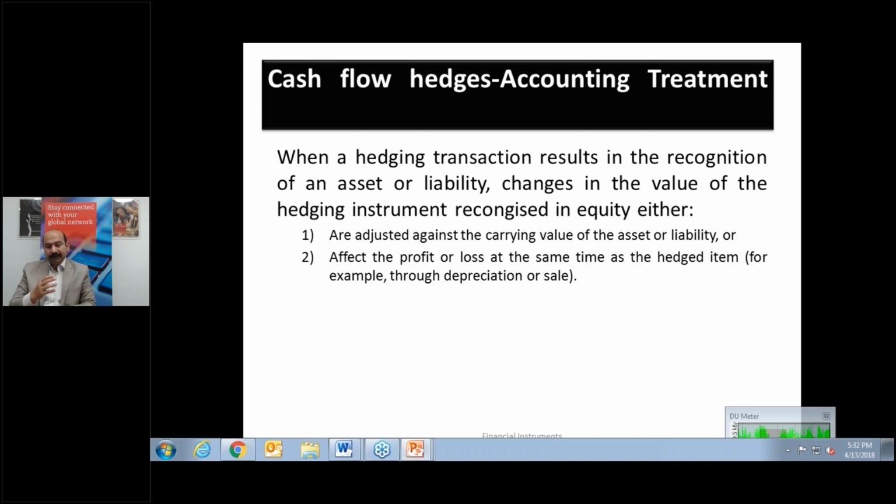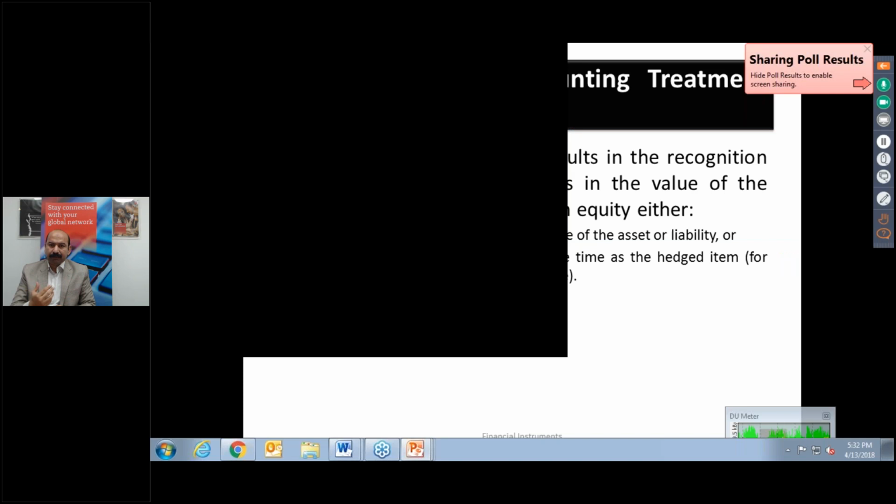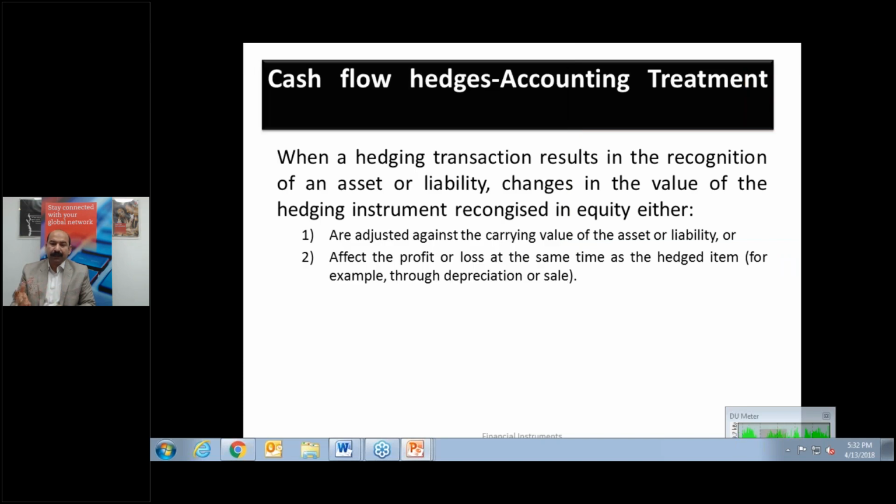Please remember this: when you receive interest at a variable rate, and you pay interest at a fixed rate under an interest rate swap, this is the cash flow hedge. Okay, so now we can have a short break.